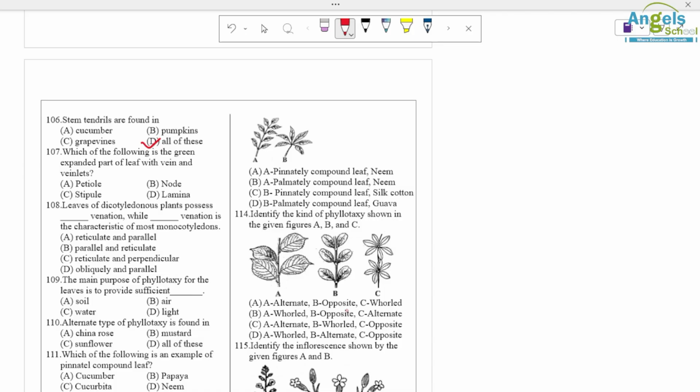Which of the following is the green expanded part of leaf with vein and veinlet? So it is present in the lamina. Leaves of dicotyledon plants possess reticulated venation, whereas dash venation is characteristic of monocot, so it is parallel venation. So first option is correct.